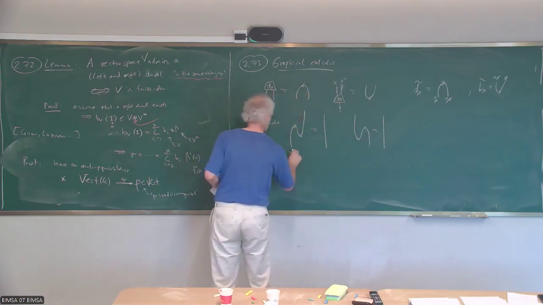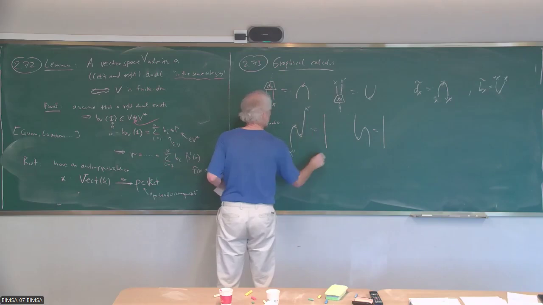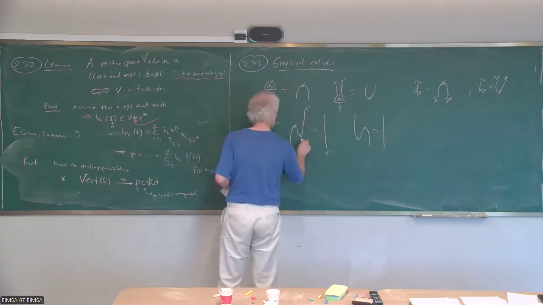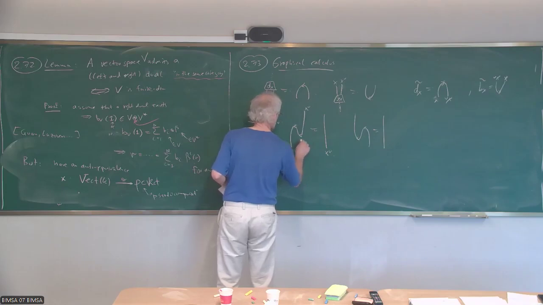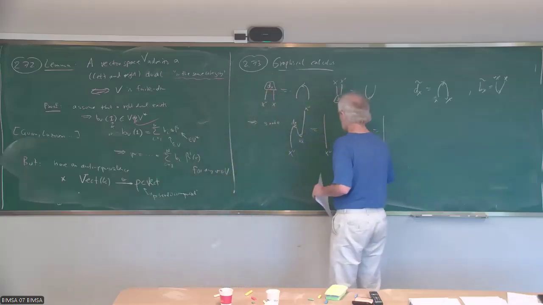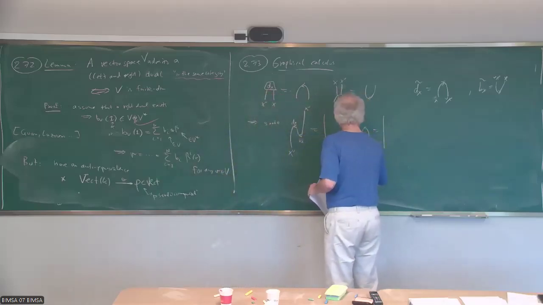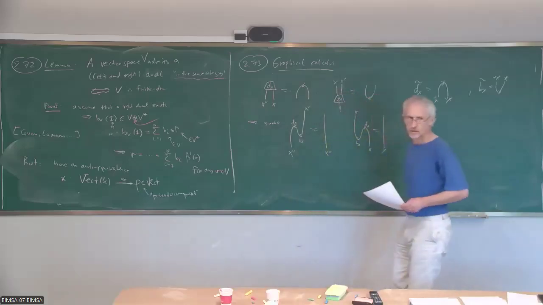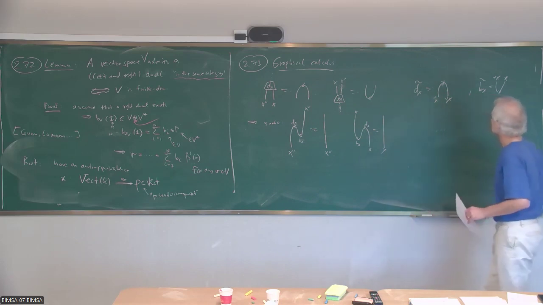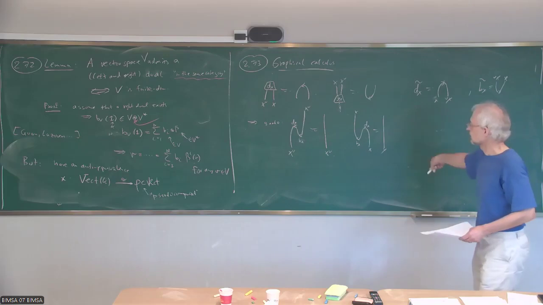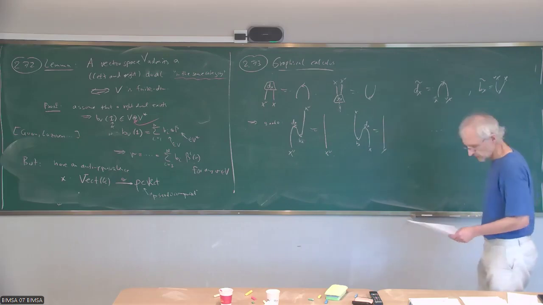I would start with x dual and end with x dual, and I get the identity on x dual. And here I have bx and dx, and here in the other order bx and dx, and get the identity on x. And for the left duality, just again mirroring everything with respect to a vertical line.